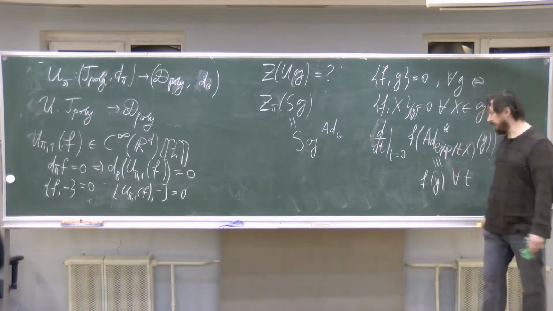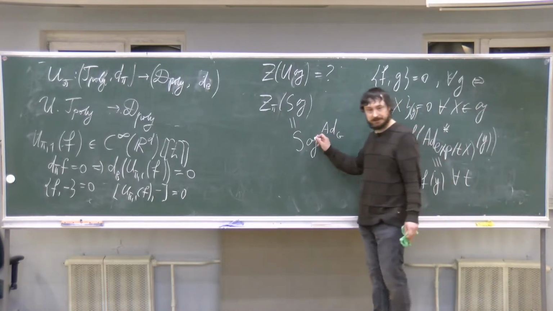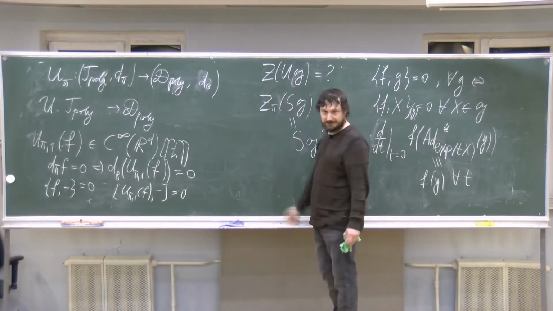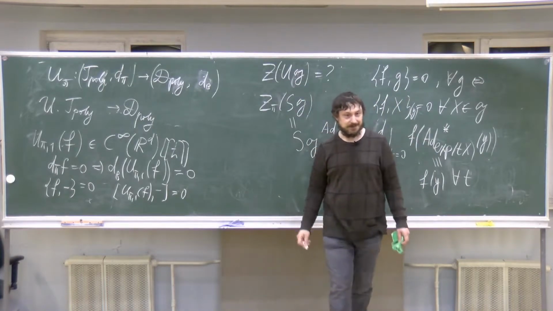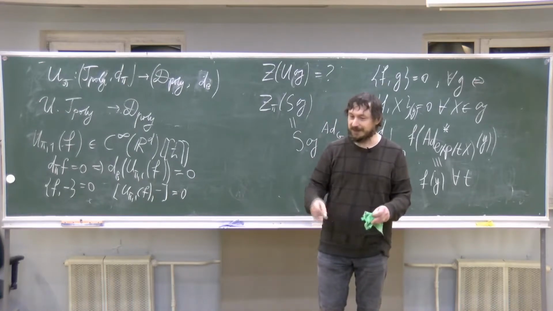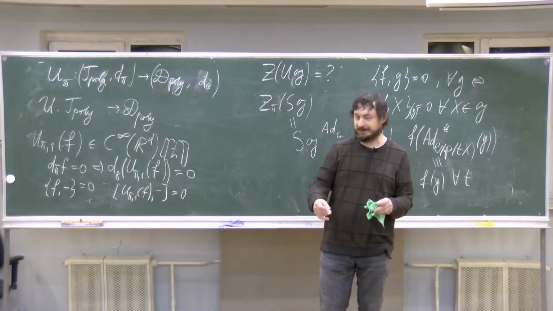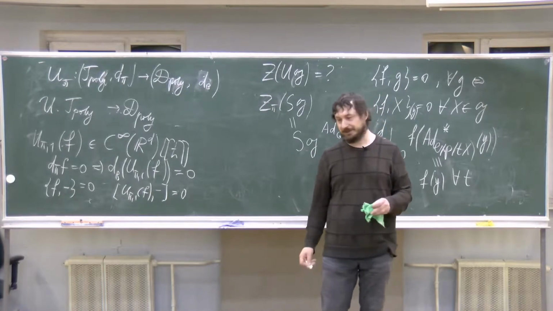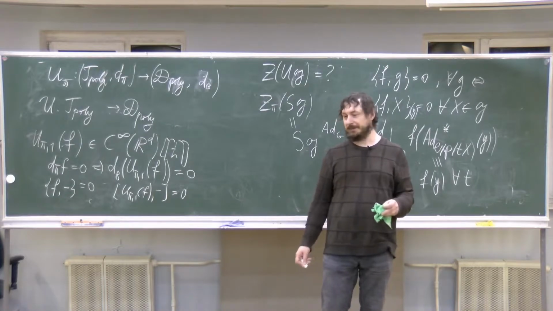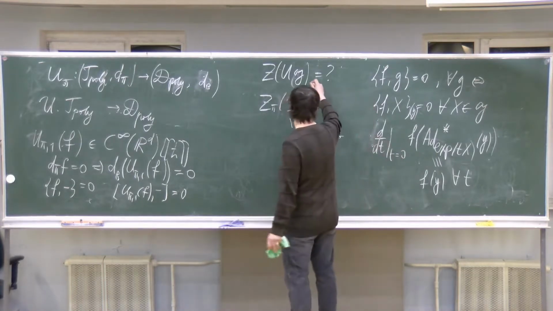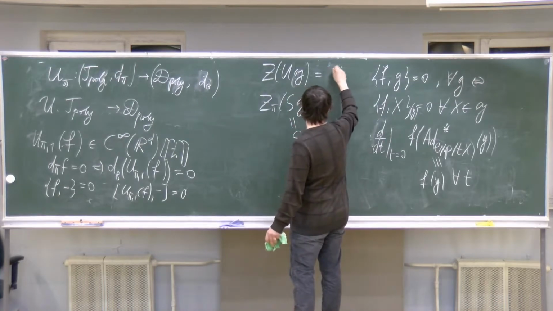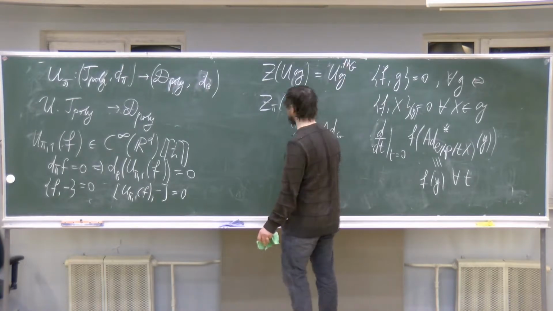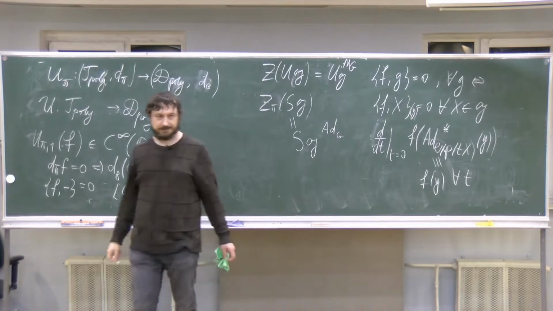And the result follows automatically. Now the same is true for this center, and the proof is precisely the same. I just check that the commutator with an element in the Lie algebra amounts to taking the adjoint action over the Lie algebra, so then you integrate this adjoint action to the adjoint action of the group, and then you obtain the same result, that this is equal to the G invariant part of this algebra, right? Nice, right?